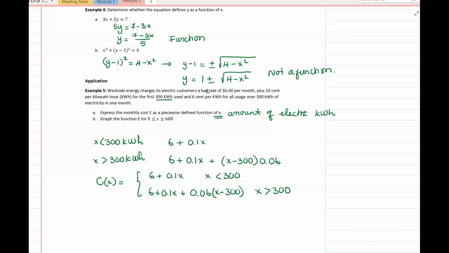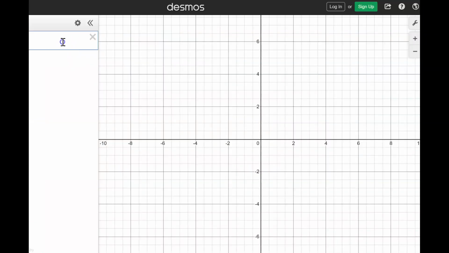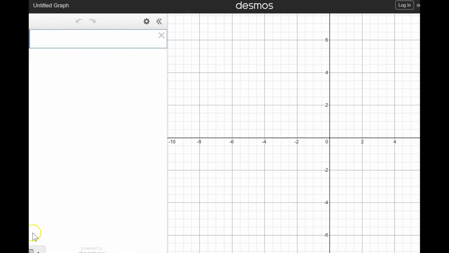We can graph this function using decimals. Our first piece of the equation is 6 plus 0.1x, for x less than 300.